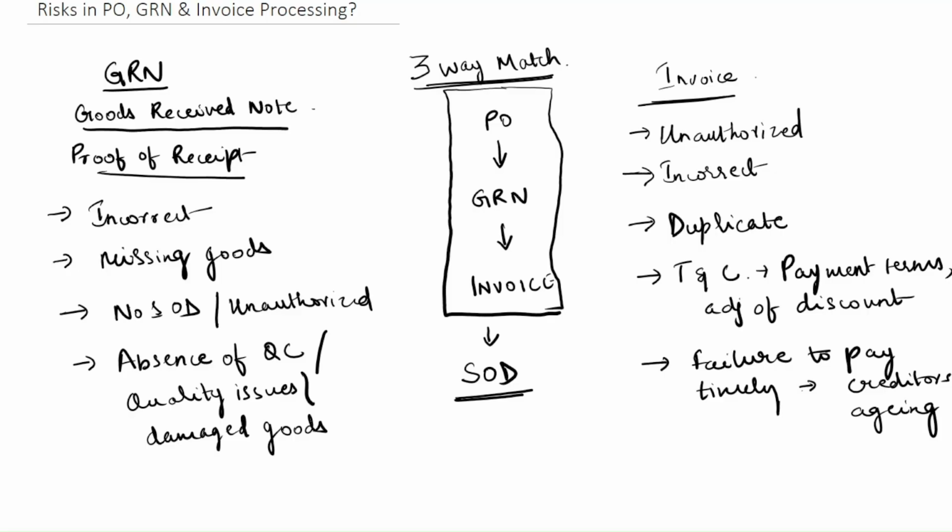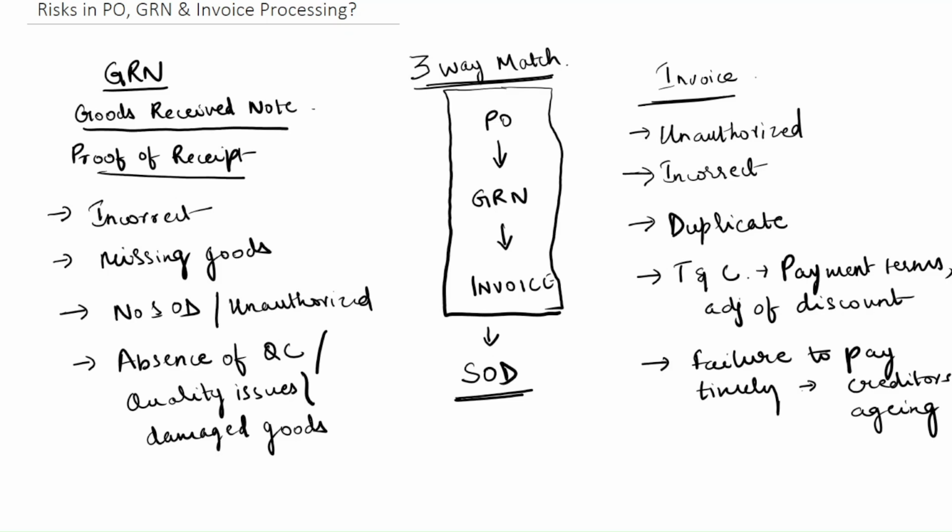Similarly, for invoices, you need to check whether the invoices are approved by authorized personnel as per the DOA, and you can check if there are any duplicate invoices. That's a key risk because whenever there are duplicates, there's a risk of fraud or else of excess payments, which is a loss for the company.